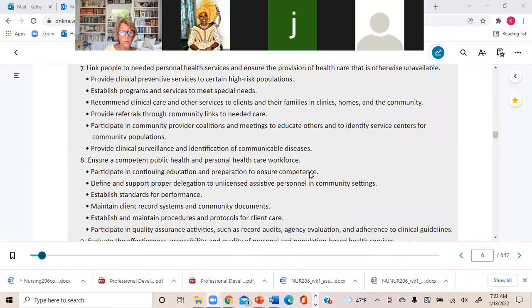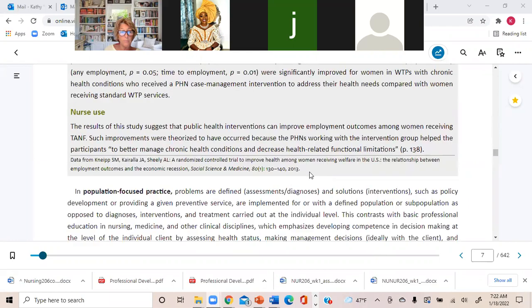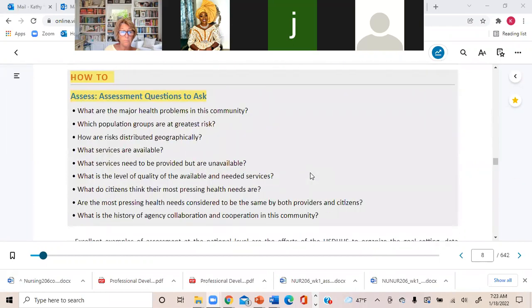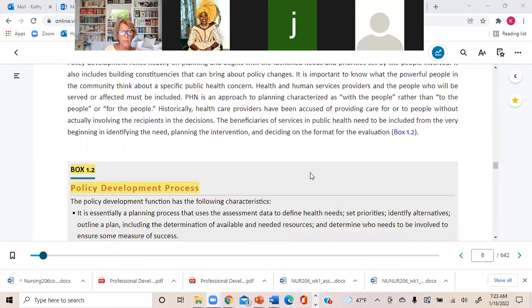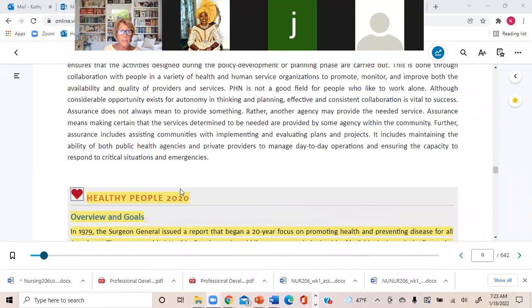Let's see what else we got going in chapter 1 that we need to know. Did you do the 2 exercises? Did you read through how you need to know Healthy People 2020, goals and objectives, overview and goals? I think I put this in an announcement.